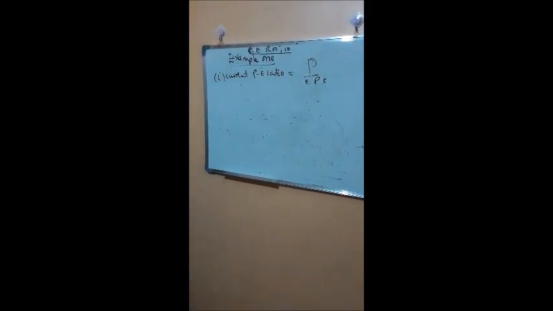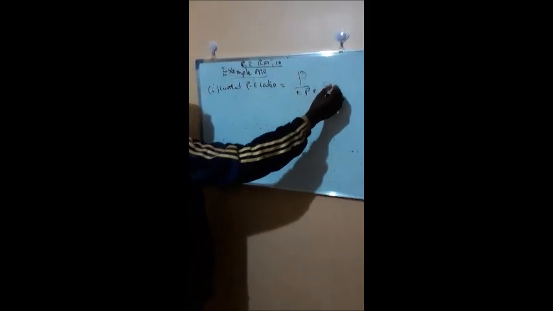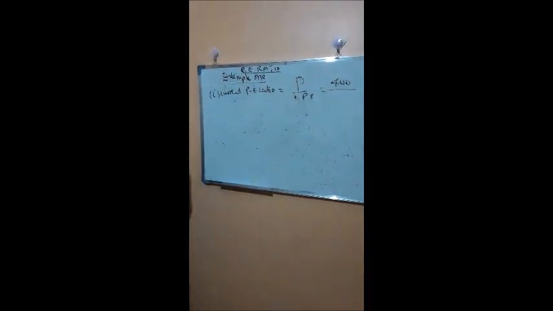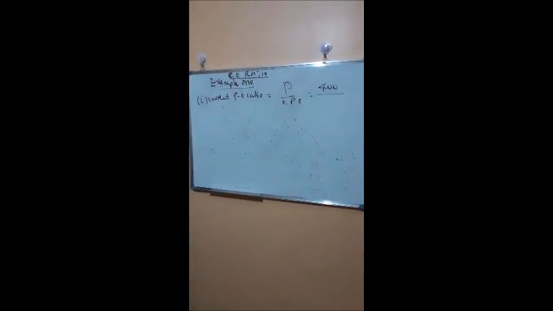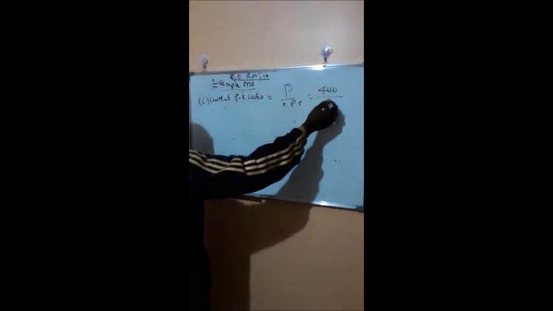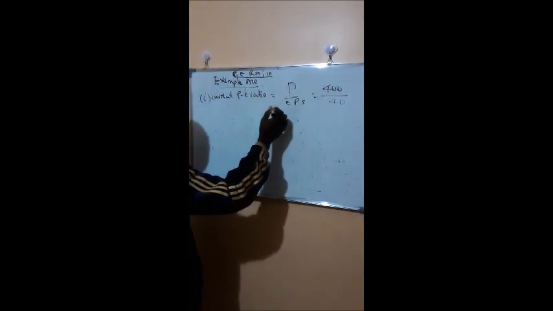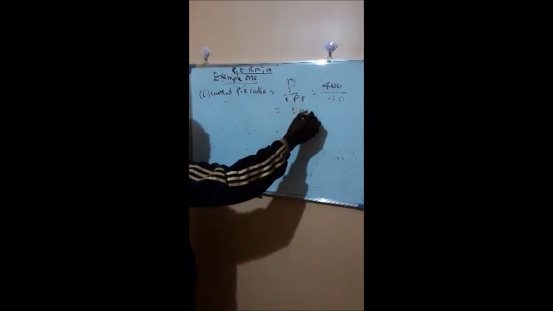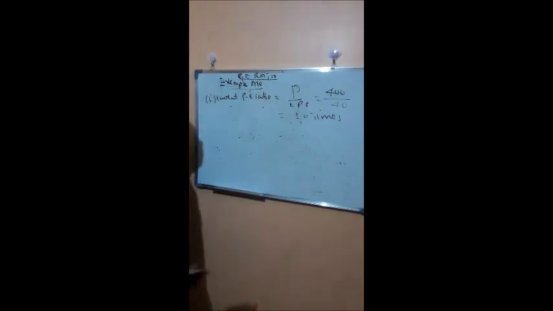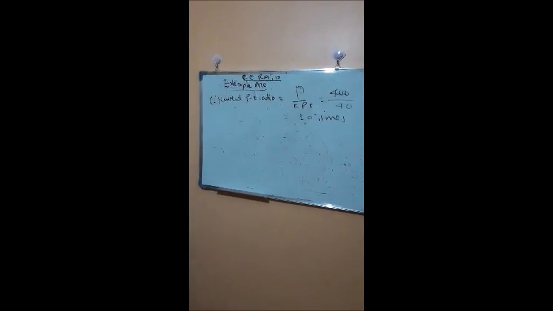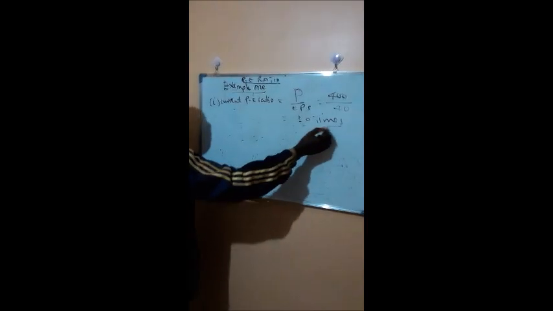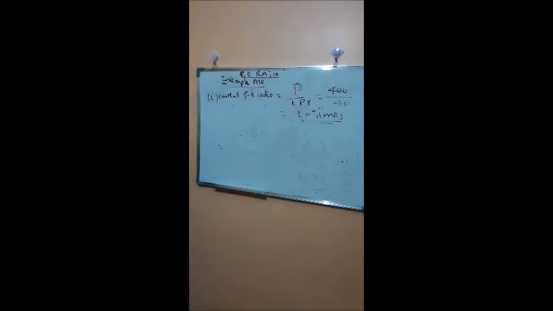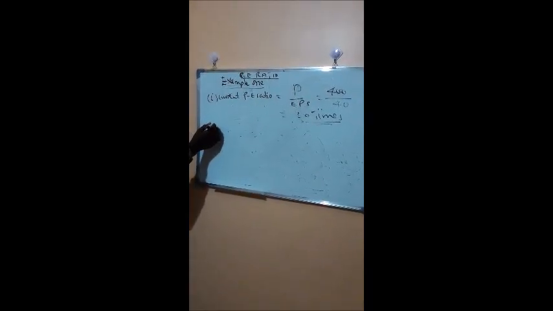Now from the information we have been given, the current market price of the share is 400, and the earning per share is 40. Now our PE ratio is equal to 10 times. So our PE ratio is 10 times.